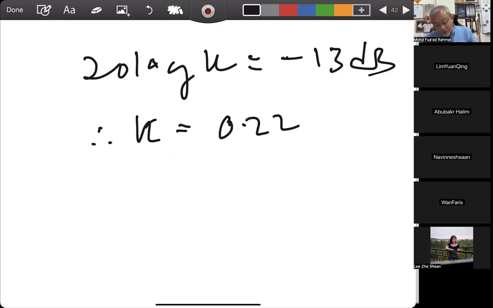Abu Bakar, do you understand? Yes. Okay. If you shift up, the gain margin will be smaller. If you shift down, the gain margin will be bigger. Right?